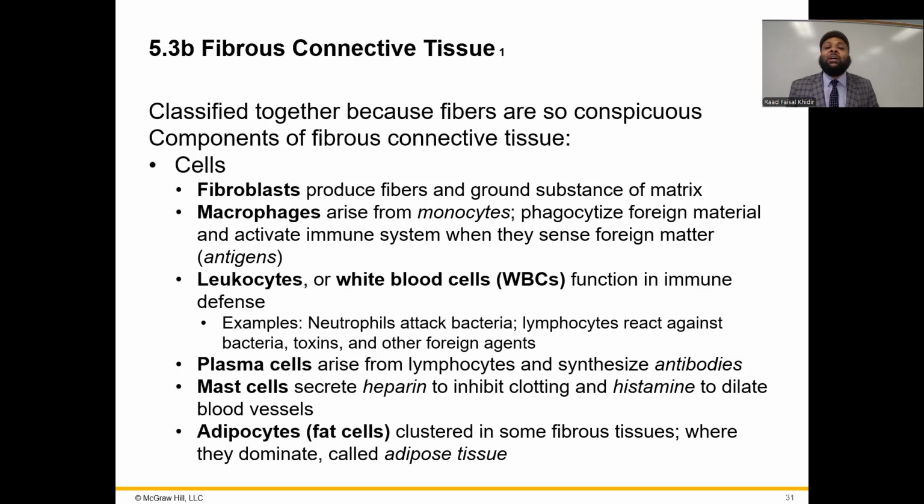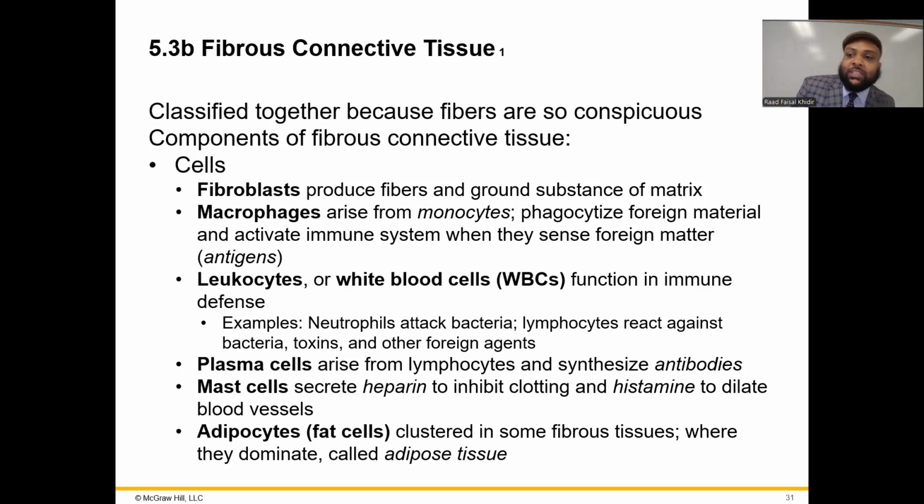Some tissues are locked in a terminally differentiated stage. They can never re-enter the cell cycle again. So when they're injured, what do we do? We just leave it there? No. We replace it with cement. We dump a lot of connective tissue fiber. So that's known as healing by connective tissue deposition.